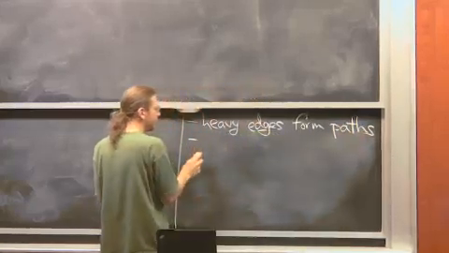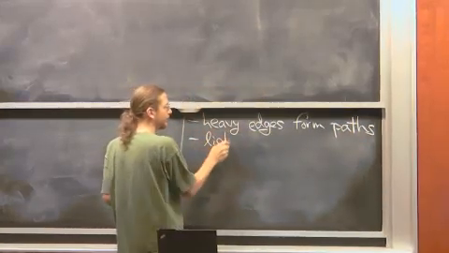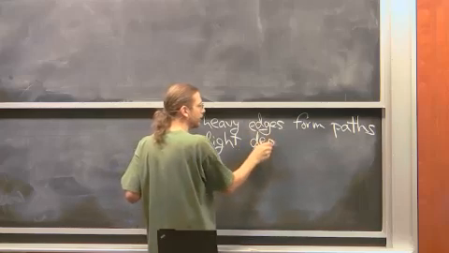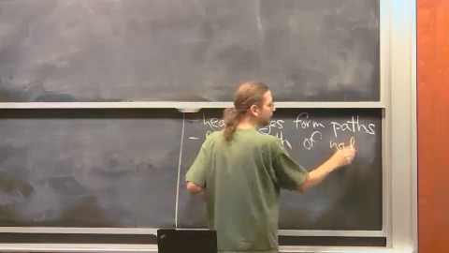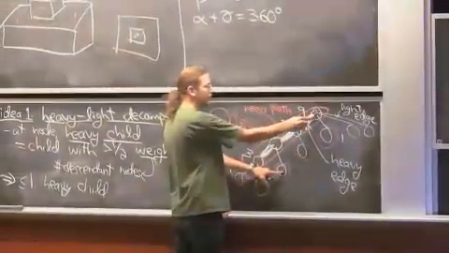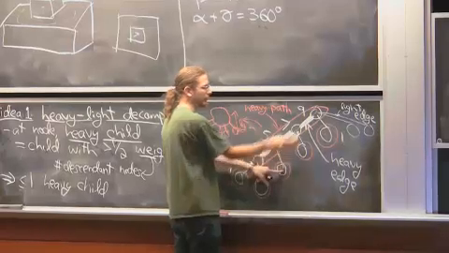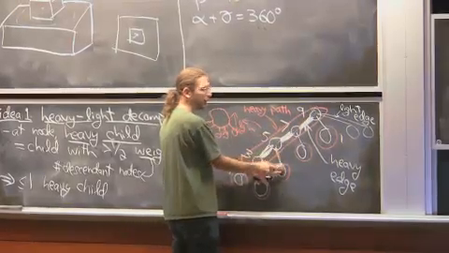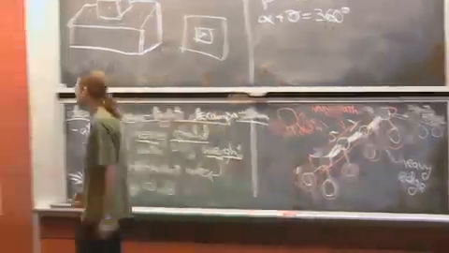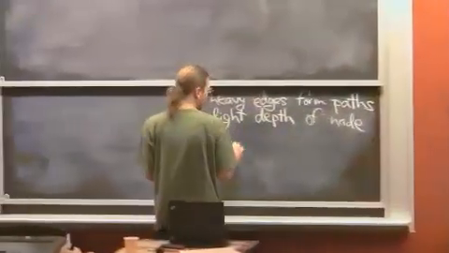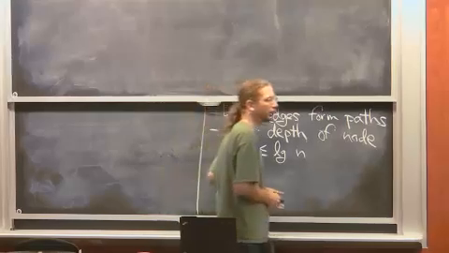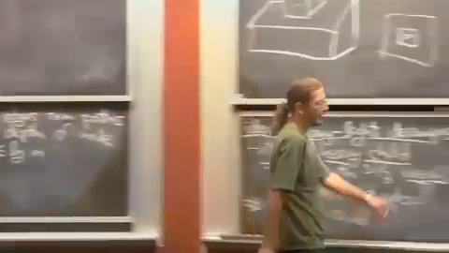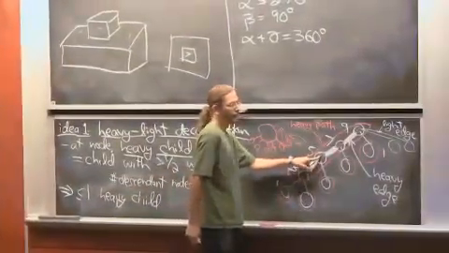And if we look at what I normally call the light depth of a node, this is, if I look at a node in this tree, how many light edges do I have to traverse in order to get from the root of the tree to that node. Here it's only one light edge. The number of light edges that you follow on any path is at most log n, log base 2 of n, because every time I follow a light edge, I know that I started with, say, n nodes.